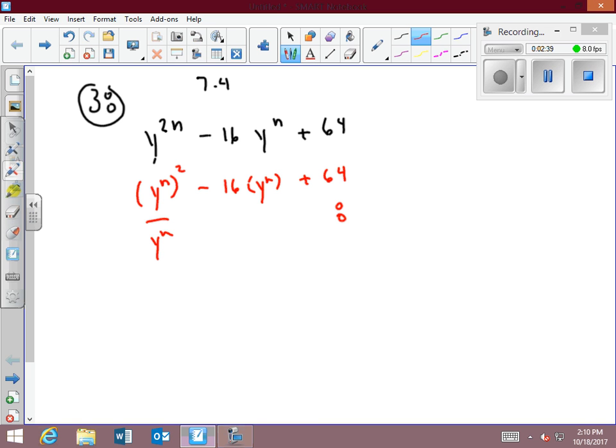Now, the middle term has got to be 2 times the first squared term times the last squared term. Is 16 y to the n and 2 y to the n times 8 the same? The middle term is 2 times the first times the last, right?